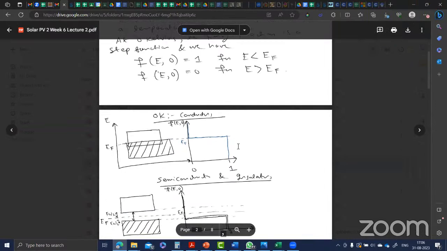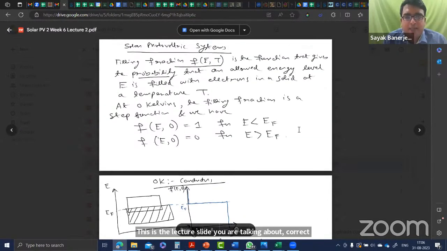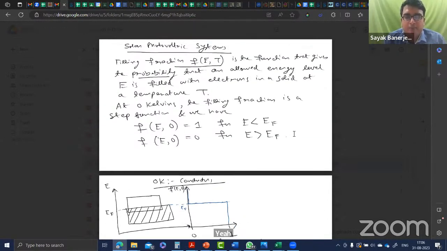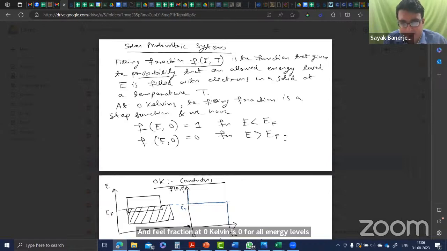Yes. So one point for everyone else: he is asking about the slide where the fill fraction at 0 kelvin is 1 for all energy levels lower than the Fermi level, and the fill fraction at 0 kelvin is 0 for all energy levels greater than the Fermi level.